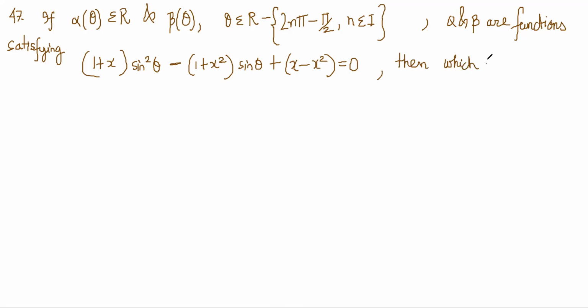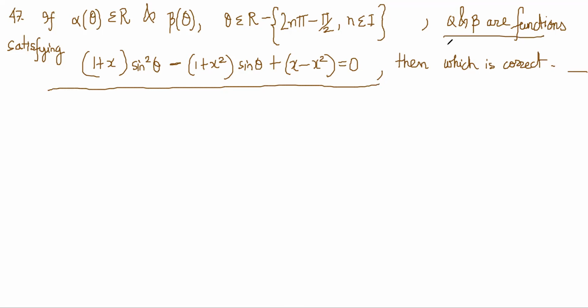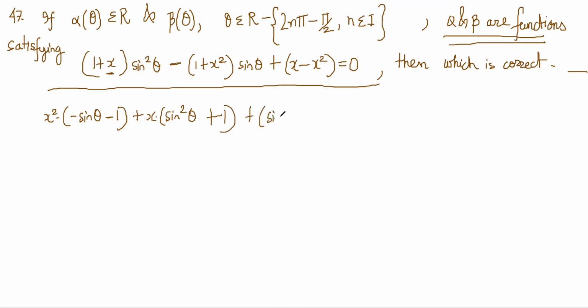I'll not write the options, we'll just think about what it means. Alpha and beta are functions satisfying for what values? For x. It's a quadratic in x. You have to solve the quadratic equation, that's it. It's so simple. You have to collect all the x terms, x square terms. The x square terms are becoming x square minus sine theta and minus 1. X terms are x sine square theta and plus 1, and constant terms are plus sine square theta minus sine theta.